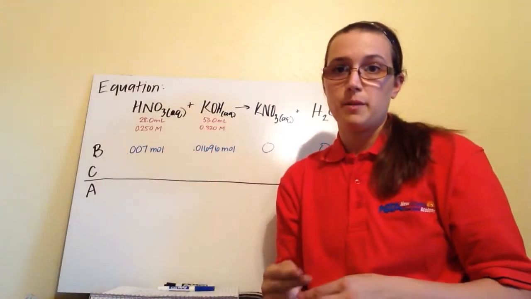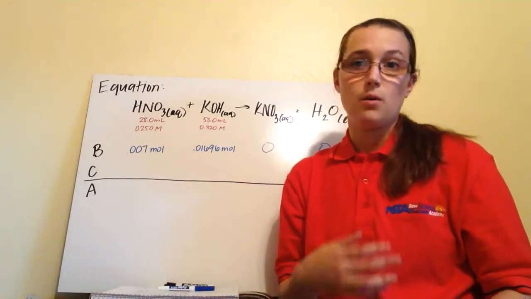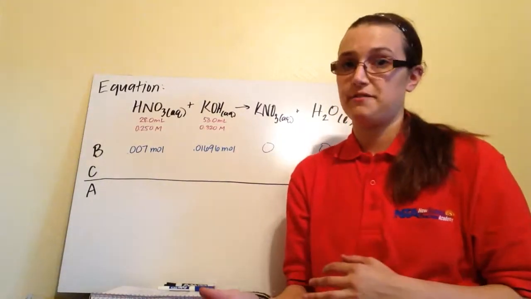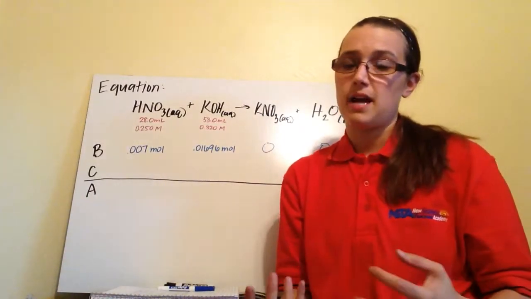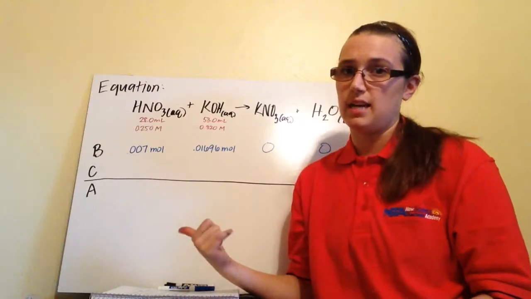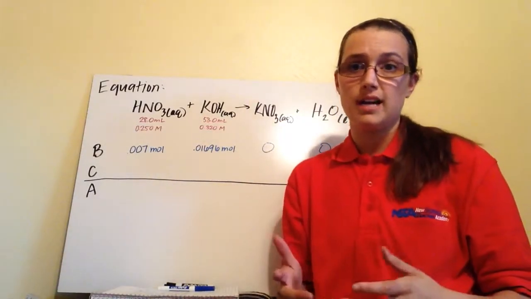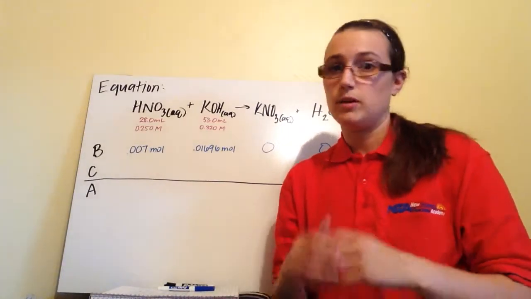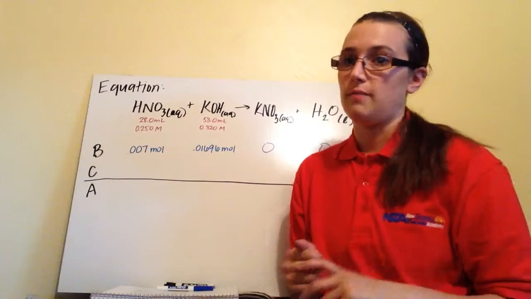Those two pieces of information are going to be key because volume and molarity allows us to find moles. Whenever we do stoichiometry, remember you have to find moles. Now in this case, because it's a limiting and excess reactant problem, I set up a BCA table. I think a BCA table is a little bit easier to visualize when you're working with limiting reactants, but you can definitely just do the stoichiometry if you prefer, like we discussed in Chapter 3.